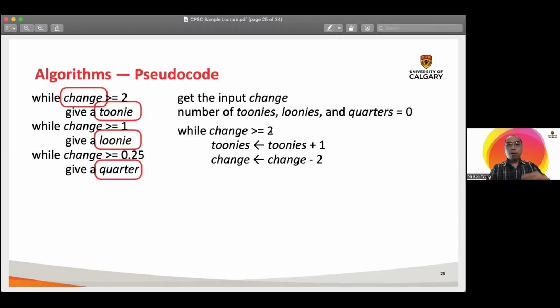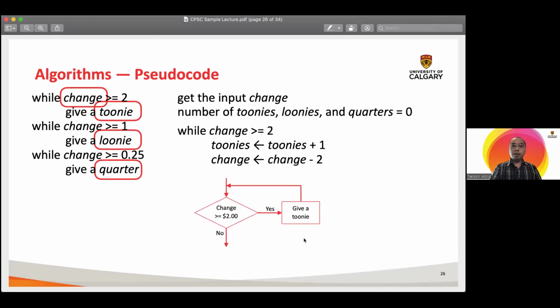And we keep on doing this just like this flowchart. So this is the pseudocode version of this algorithm. All right. And we will repeat this, keep on doing this until change is no longer greater than or equal to 2. Then we move on to loonies, right?